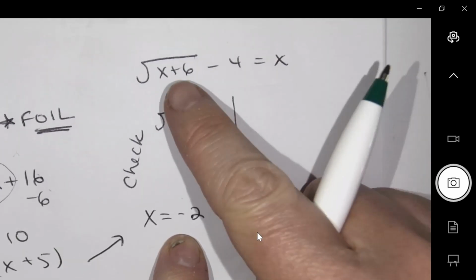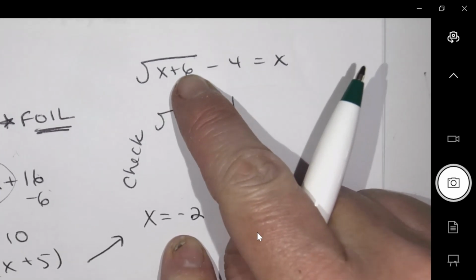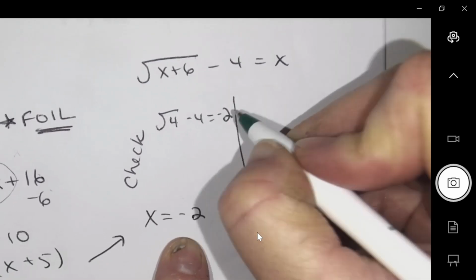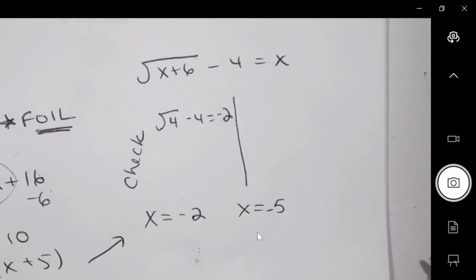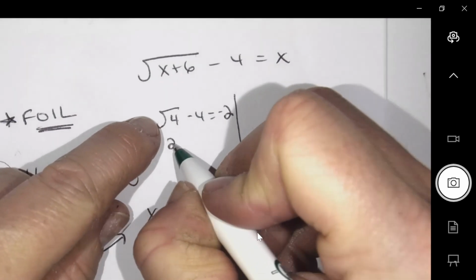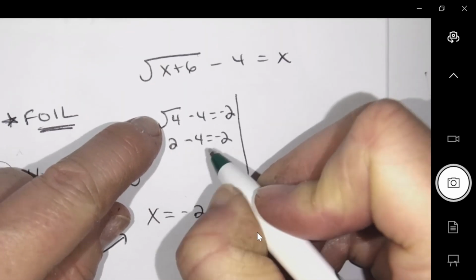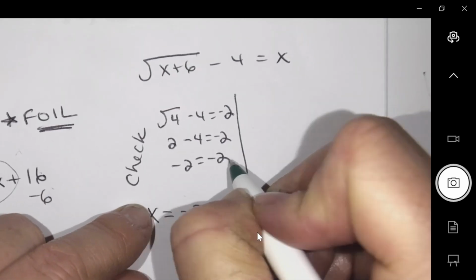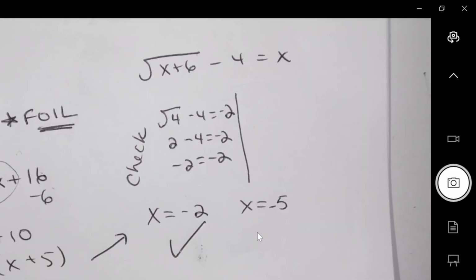So, -2 plus 6 is 4. The root of 4 is 2. 2 subtract 4 is -2. Yep, that answer worked.